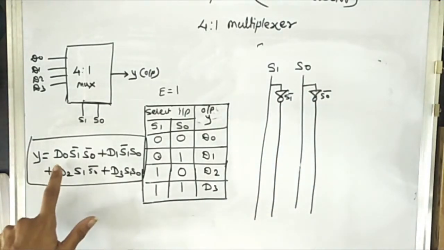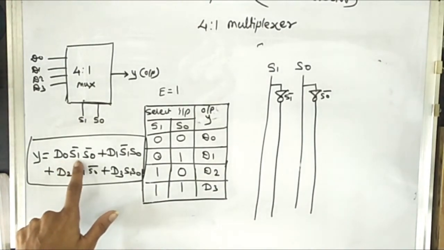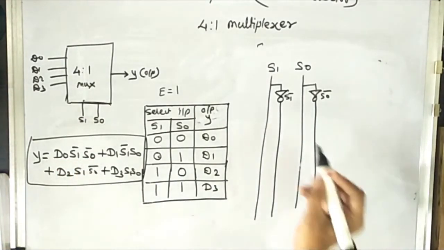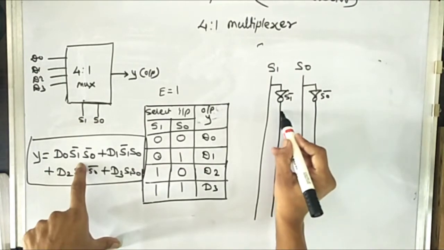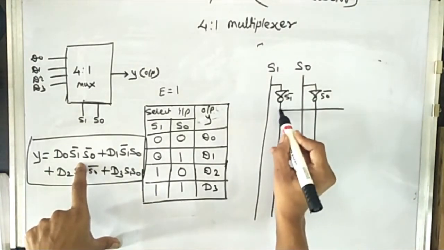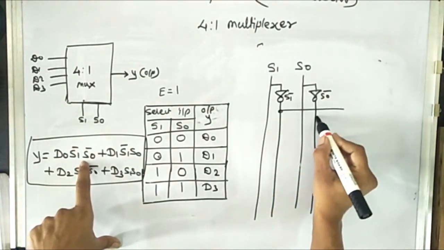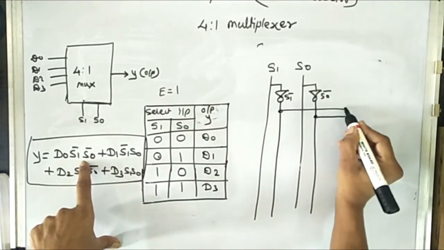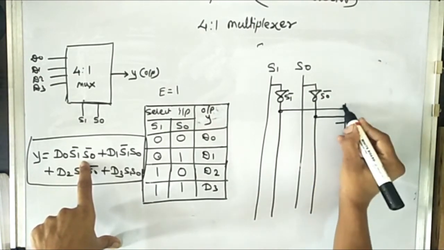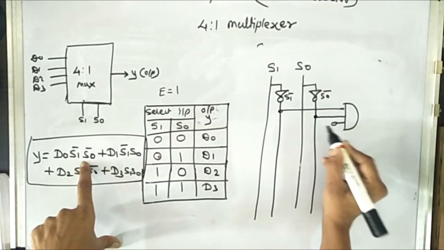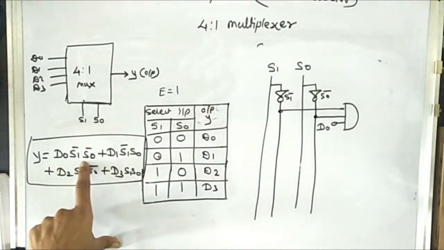Okay, so our first term is D0 S1 bar S0 bar. So here we have to take S1 bar for this first term and S0 bar. And now the third input to this AND gate is D0. So we have taken it from here.